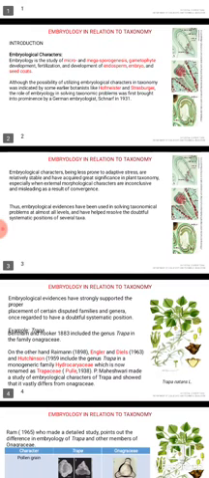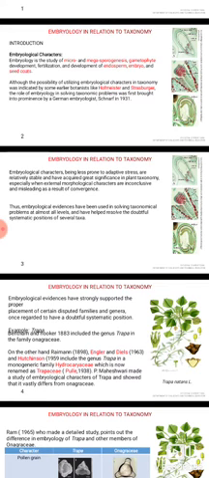Embryological characters, being less prone to adaptive stress, are relatively stable and have acquired great significance in taxonomy, especially when external morphological characters are inconclusive and misleading as a result of convergence.